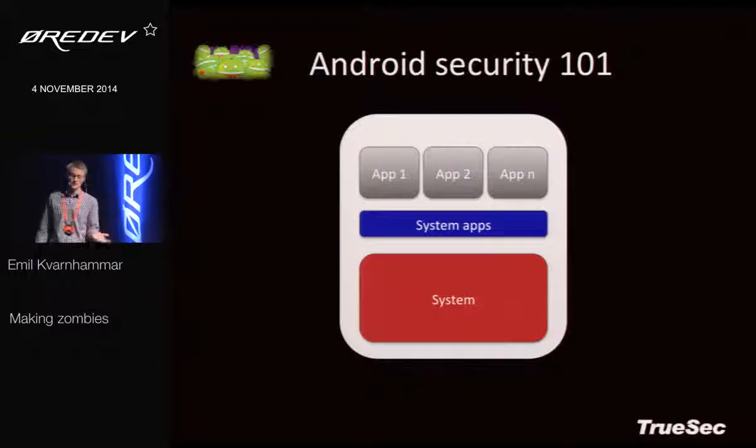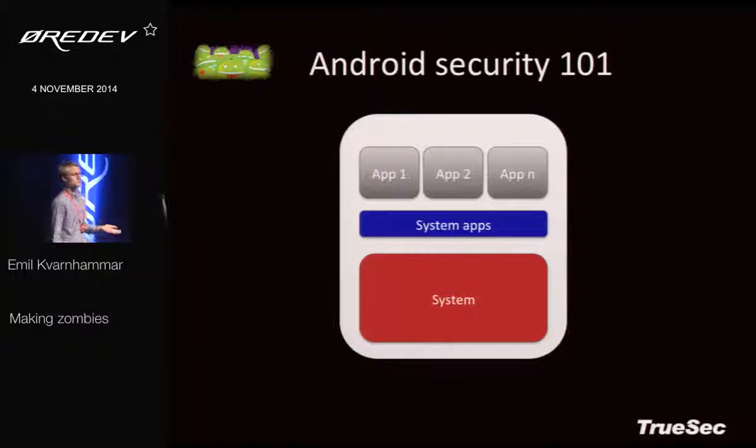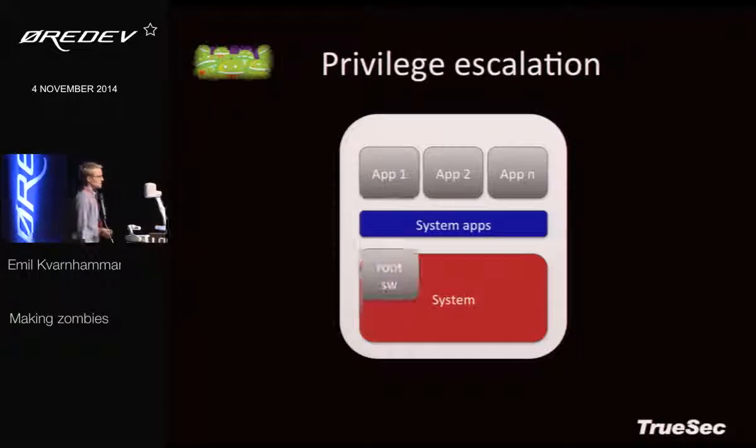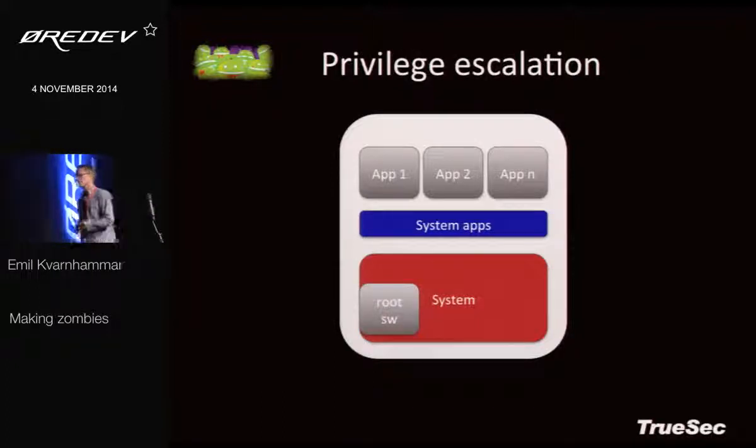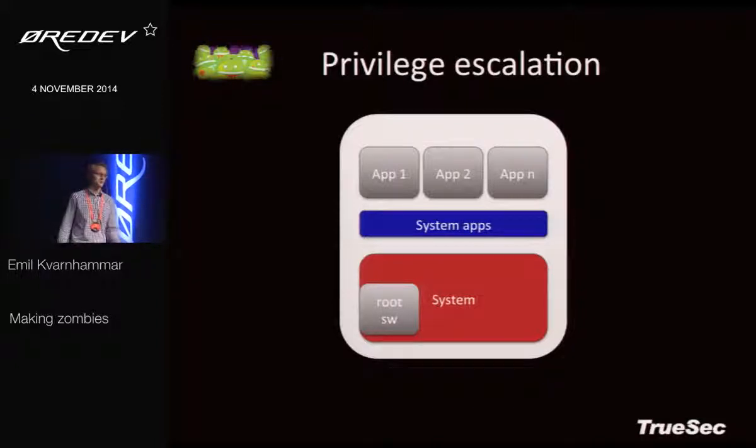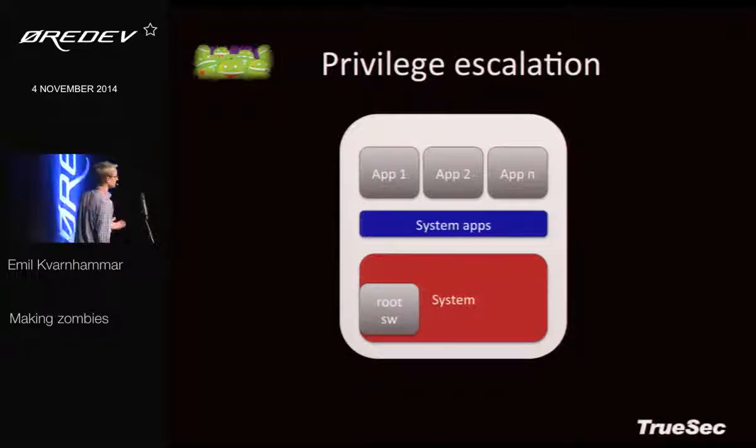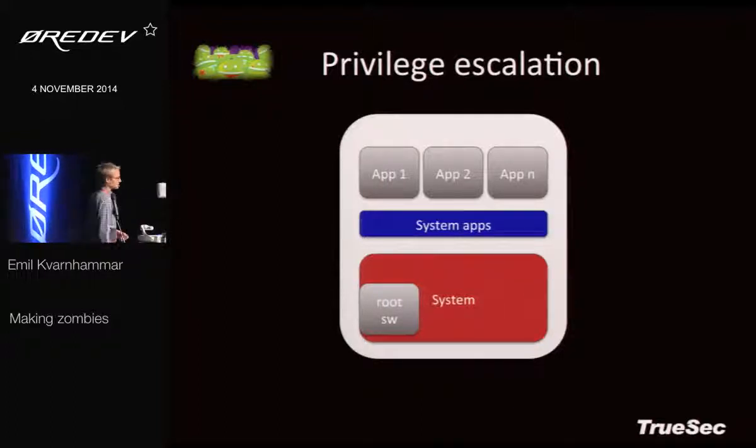And there is really no reason why applications should have access such as root, because that means control over the complete device and the ability to flash new firmware and things like that. So privilege escalation in Android means going from the application sandbox to possibly only the system account level, but usually going even further and becoming root. And that means getting control of the system software.